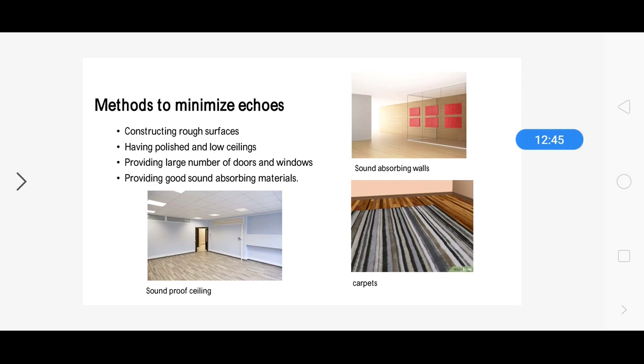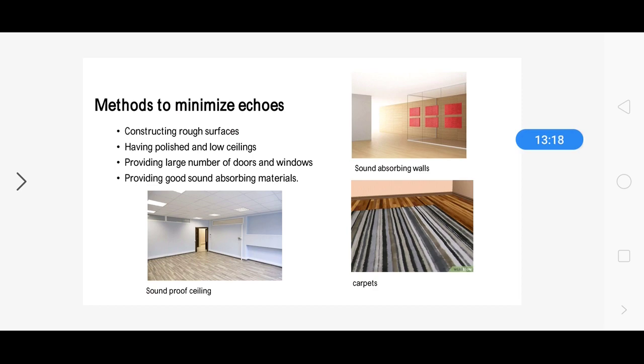This causes disturbance in auditoriums, seminar halls and theaters, so we have to minimize these echoes. So how do we minimize them? Because they are causing disturbance.